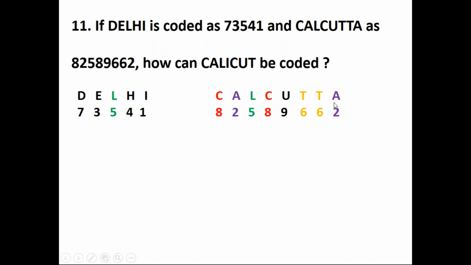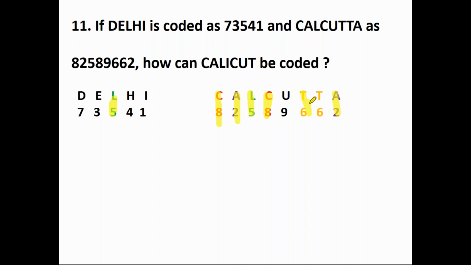So whether it follows the corresponding digit or not, you have to check. Compulsory, because L representing 5 means anywhere L representing 5 only. So C representing 8, C representing 8, A representing 2, here also A representing 2.